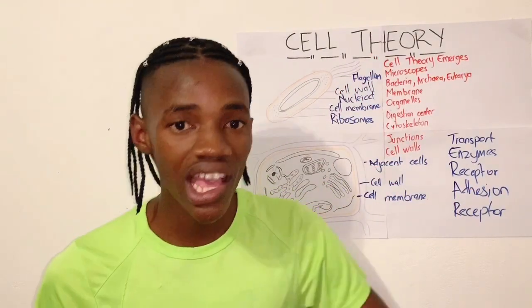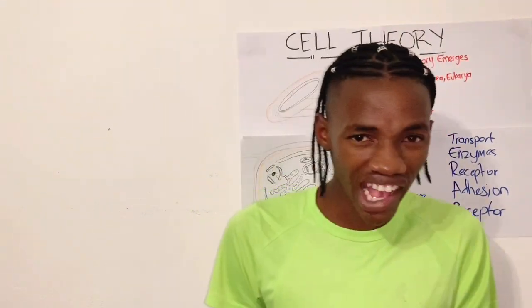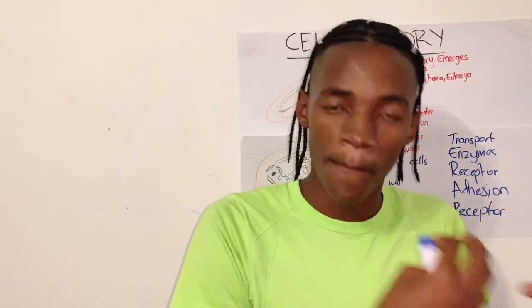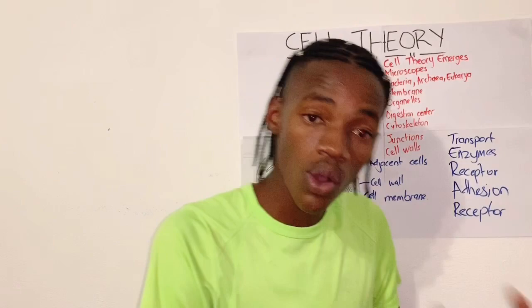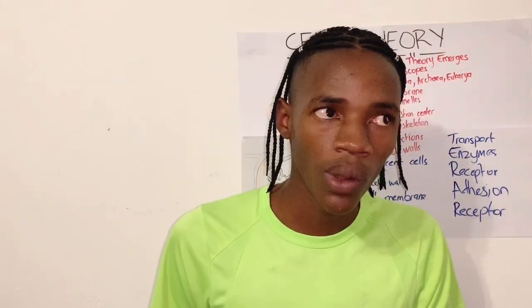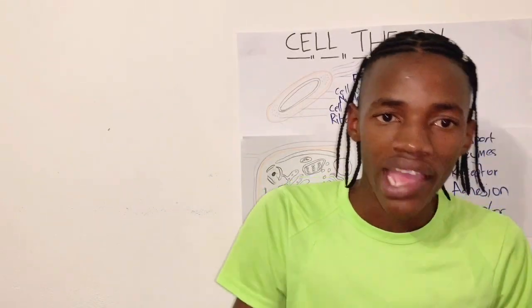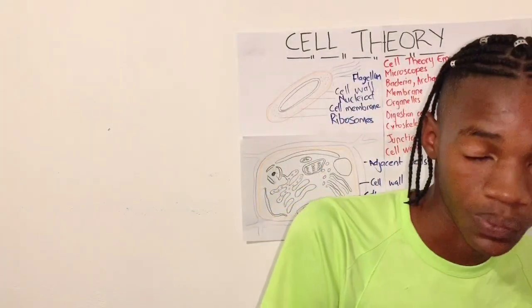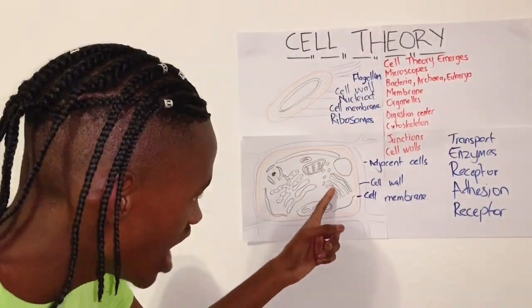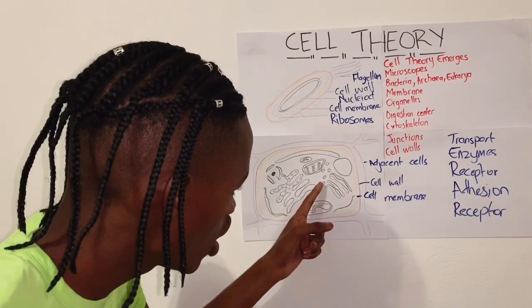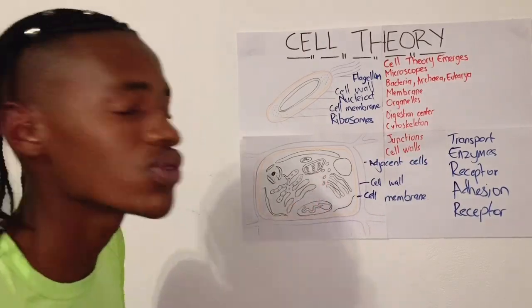Pretty much the Golgi Apparatus is also a stack of flattened membranes, and it functions to process and package material, lipids and proteins that are ready for export and that are ready to be used by the cell.